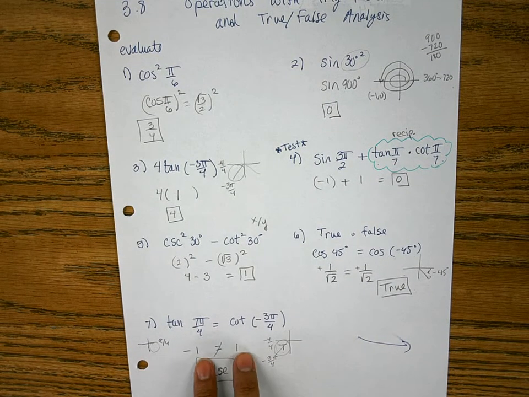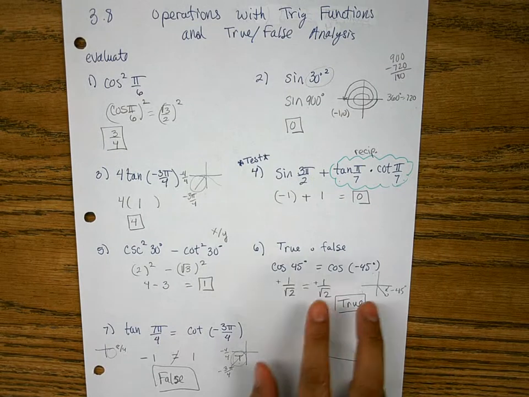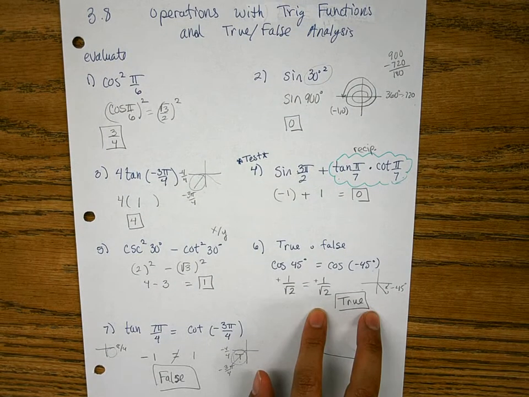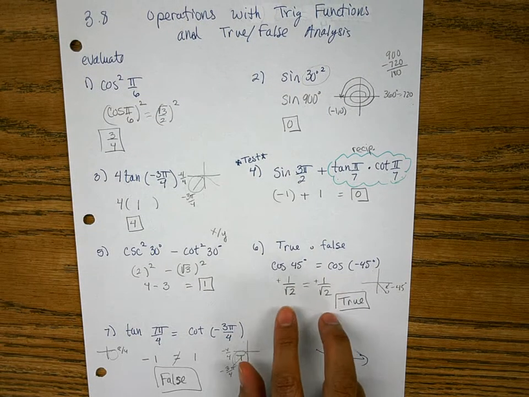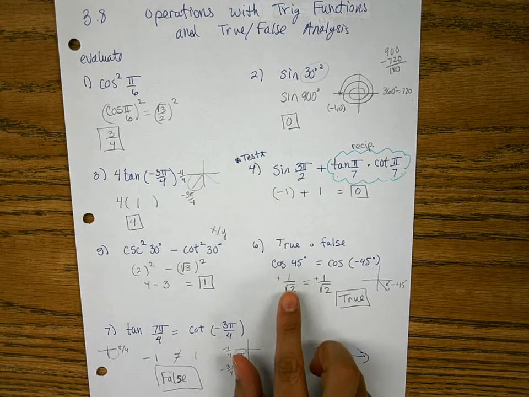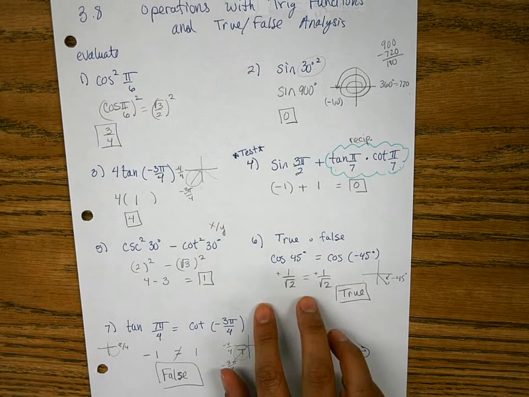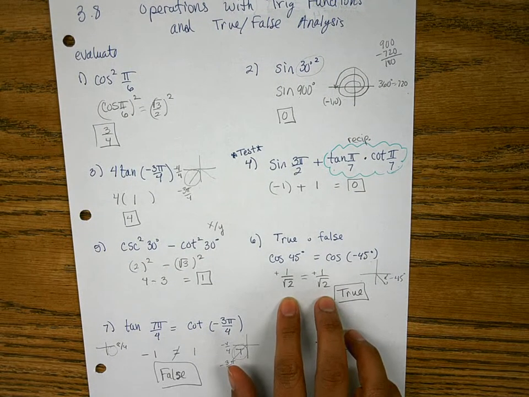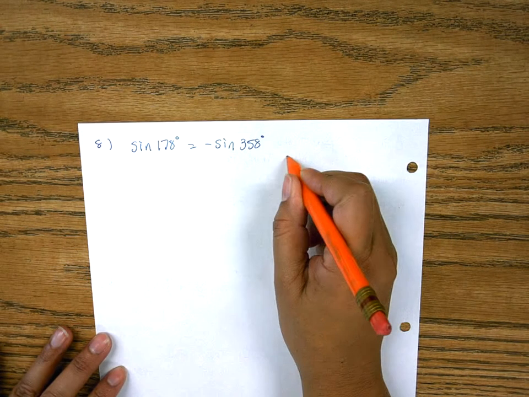This one was in quadrant 4 and this one was in quadrant 3, but yet they came out to be the same. I'm sorry, this one did not come out to be the same, sorry. This one here came out to be the same. This one was positive 45, this one was negative 45, and yet they came out to be the same. This one was in quadrant 1, this one was in quadrant 4, yet the solutions were the same. All right, so don't automatically assume it's false.